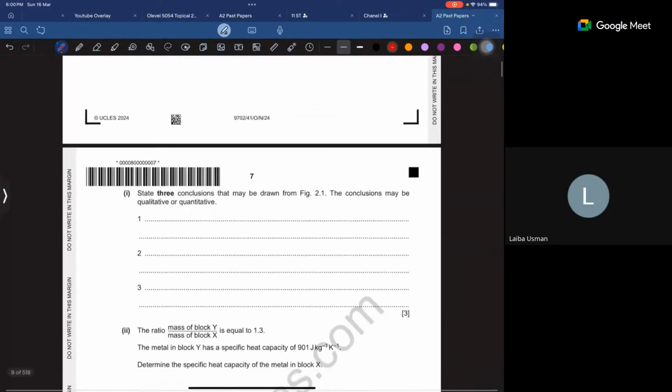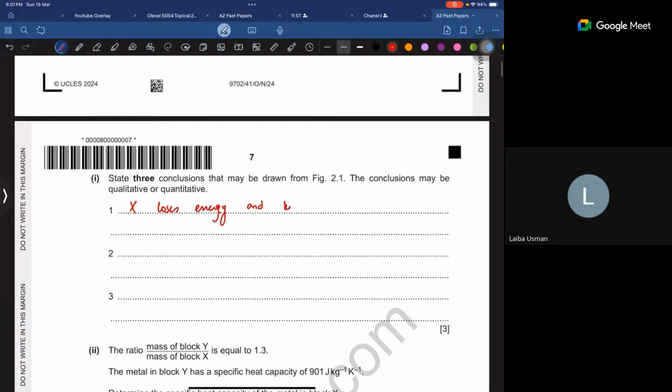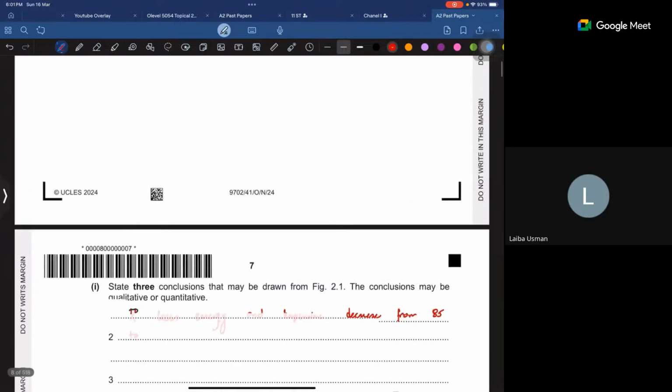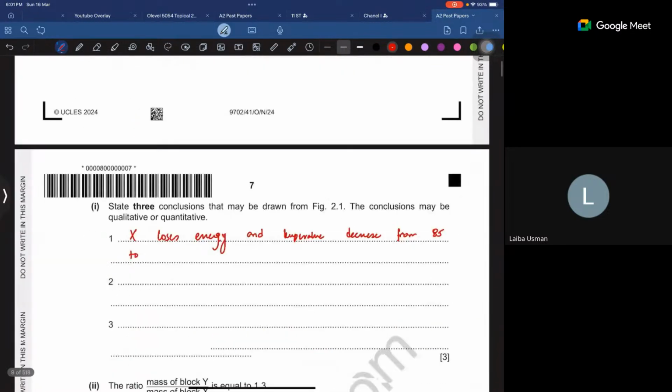So we're going to write here, X loses energy and temperature decreases from 85 to 40, right?